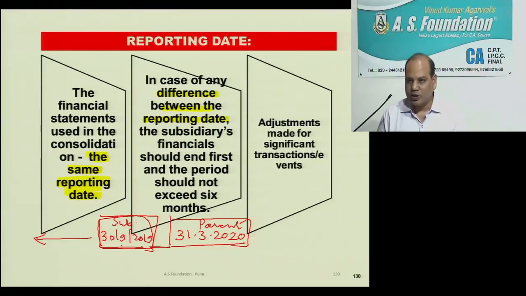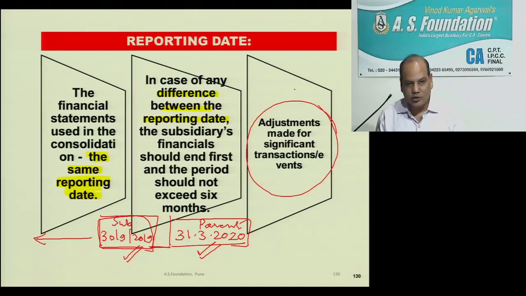But sometimes there is a practical problem. You are given a subsidiary balance sheet in the exam of this date. The parent balance sheet is given of this date. And then you will be given certain adjustments. Like in a single entry system problem, you will be given this balance sheet. You will be given sales made by the subsidiary during 6 months, purchases made by the subsidiary during 6 months, salary paid during 6 months.